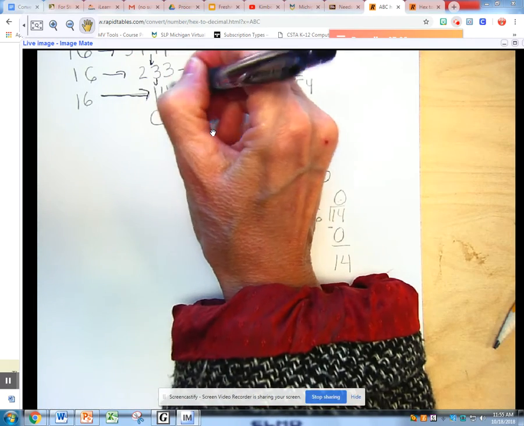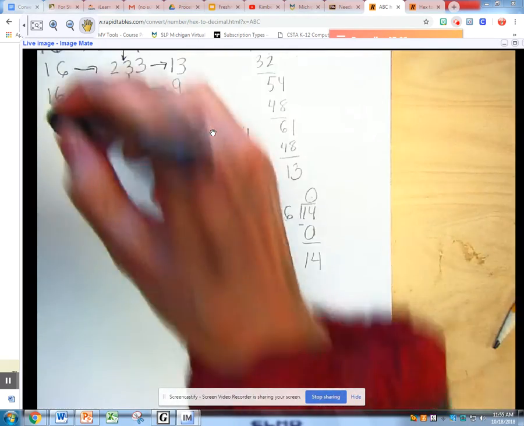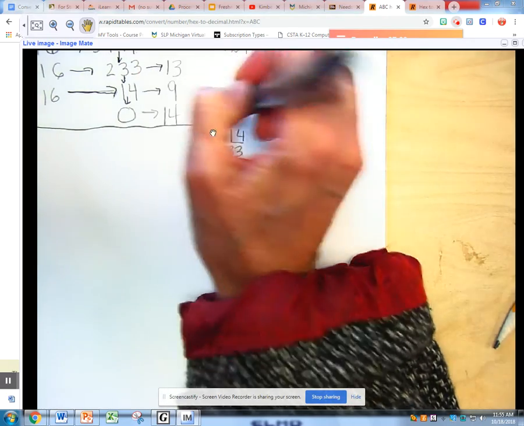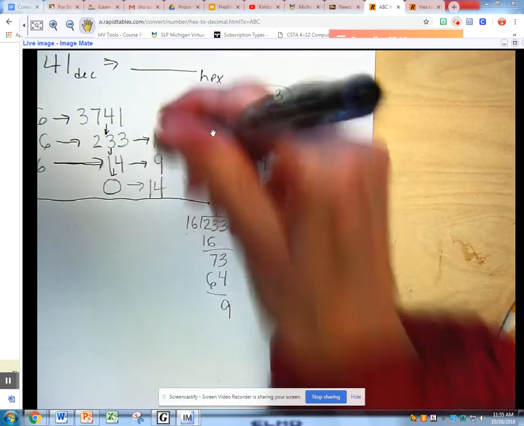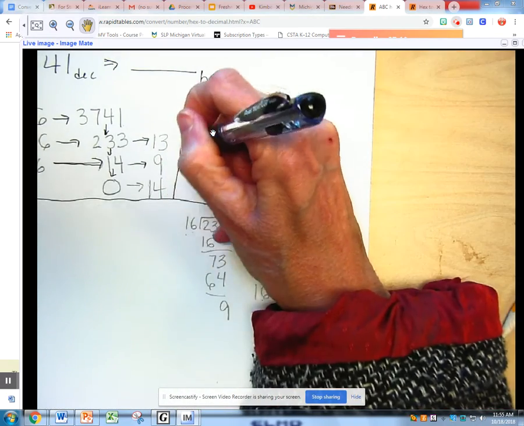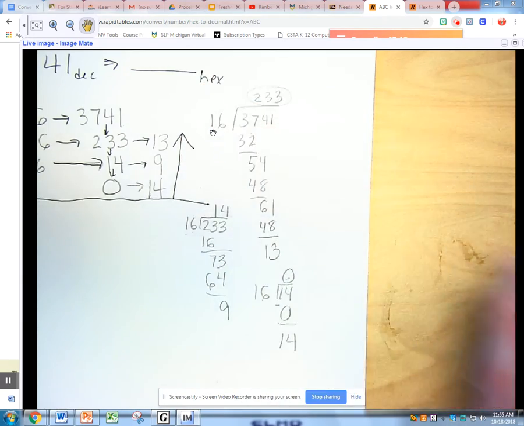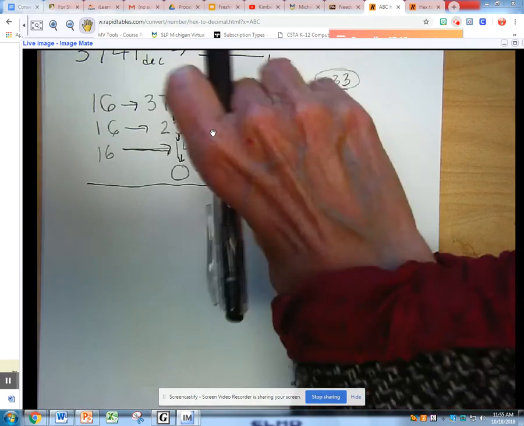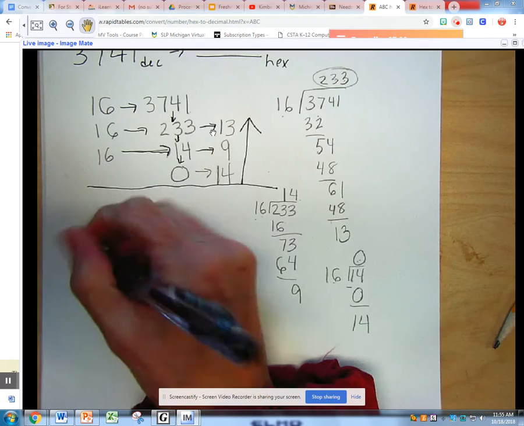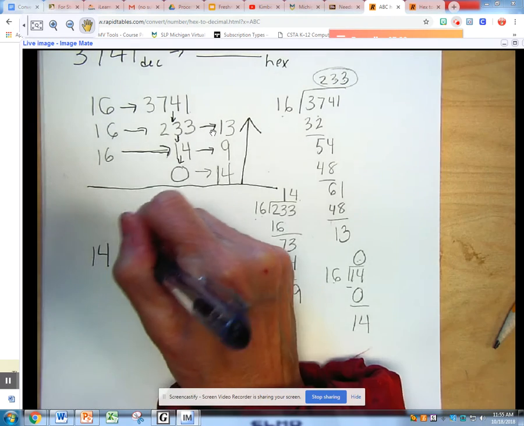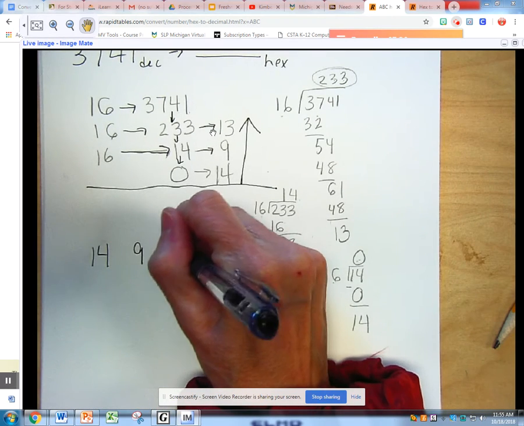Now, if you recall from our process last time, to determine the answer, we go to our remainders and rewrite them down in reverse order. So we're going to take this and flip it on its side. So it's 14, 9, 13.